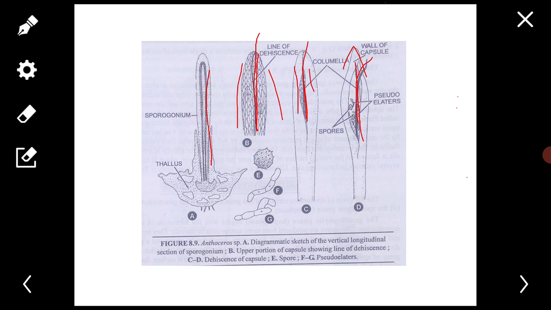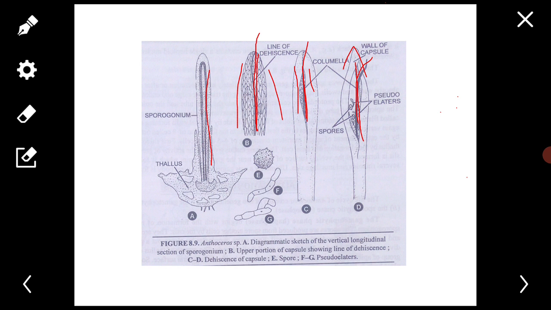The mature spores begin to shed through the wide open slit due to the hygroscopic movement of pseudoelaters, valves, and columella. The columella remains straight in the center and gives mechanical strength.